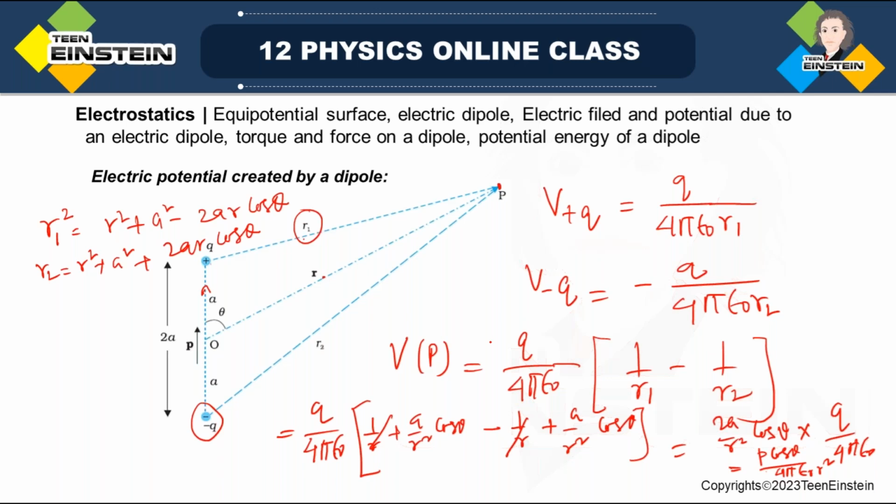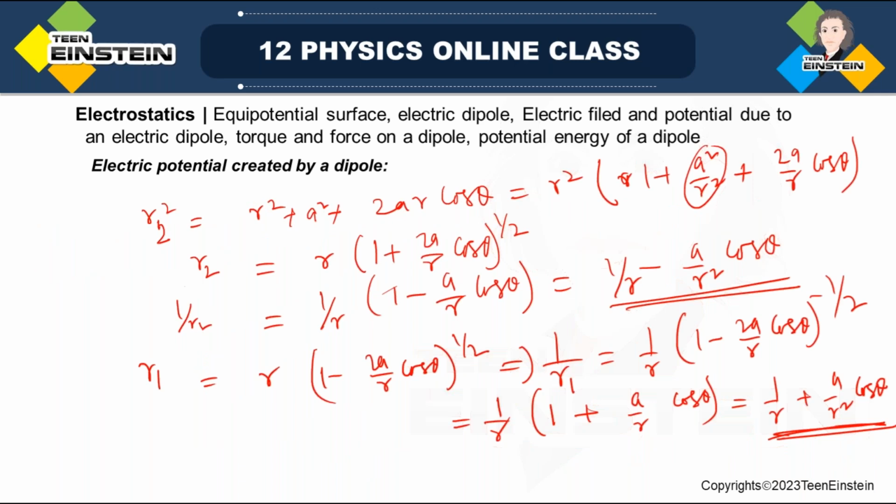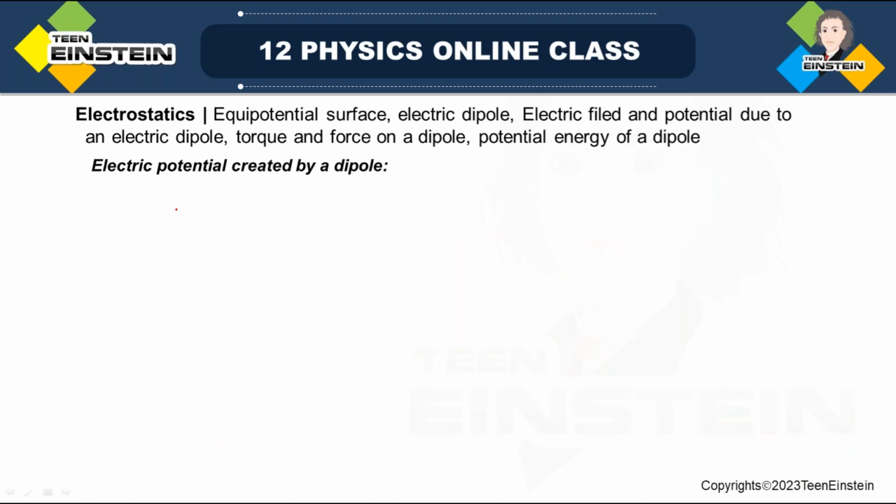Let me write it here. Okay, so we have got V is equal to q by 4 pi epsilon naught, and here was 2a cos of theta by r square.